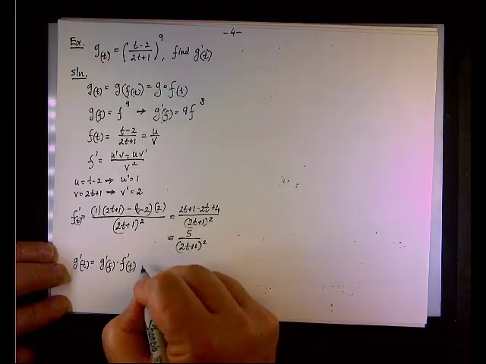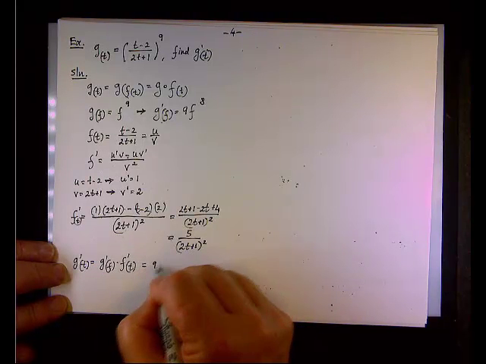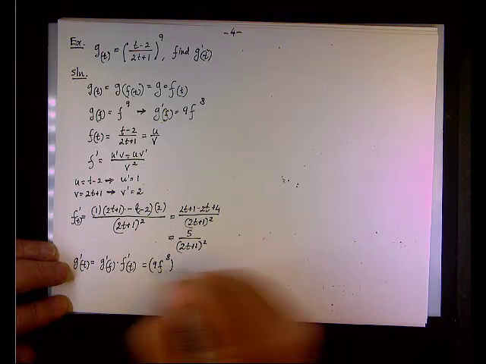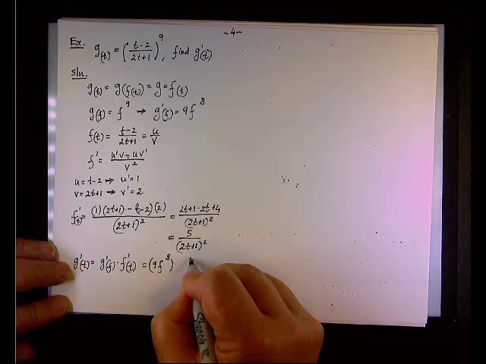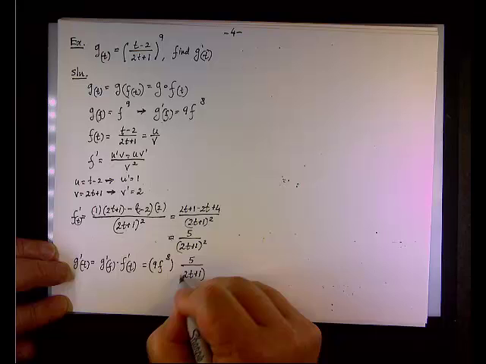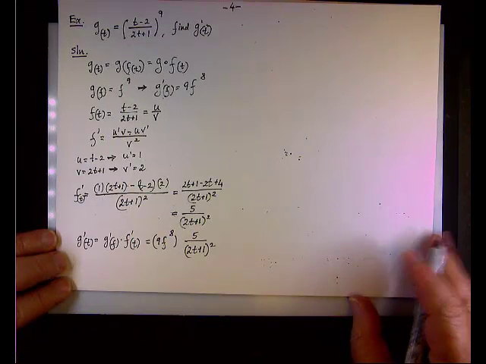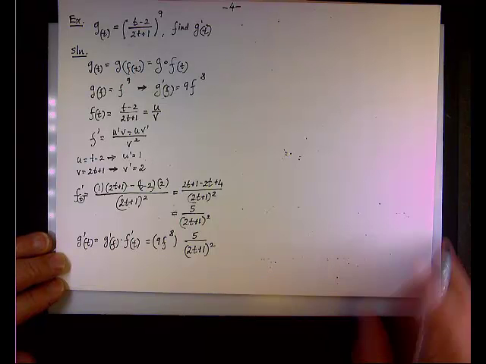And we have both. g prime of f is 9f to the 8th power, and f prime of t will be 5 divided by (2t plus 1) squared. And now we need to simplify some stuff here.